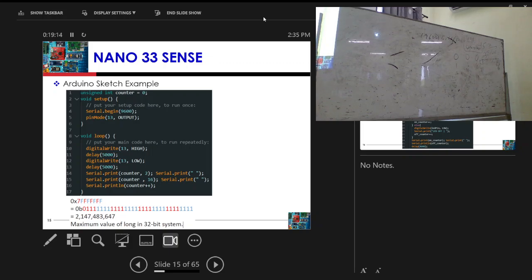Unsigned means only positive numbers, from 0 up to infinity. But the int will now limit it to 32 bits. So I need to know the highest number. Who can give me the formula for finding the highest number?